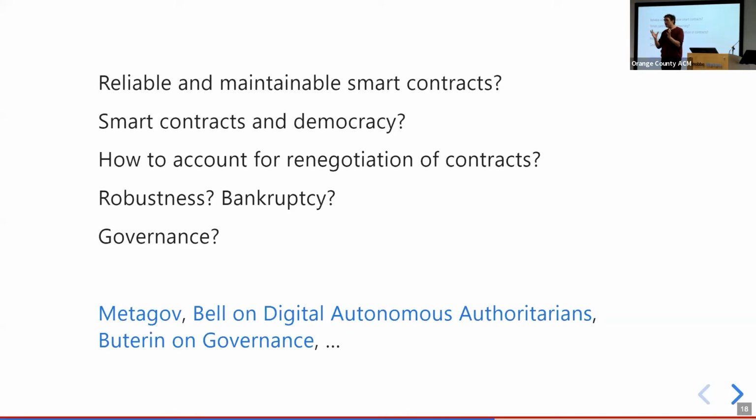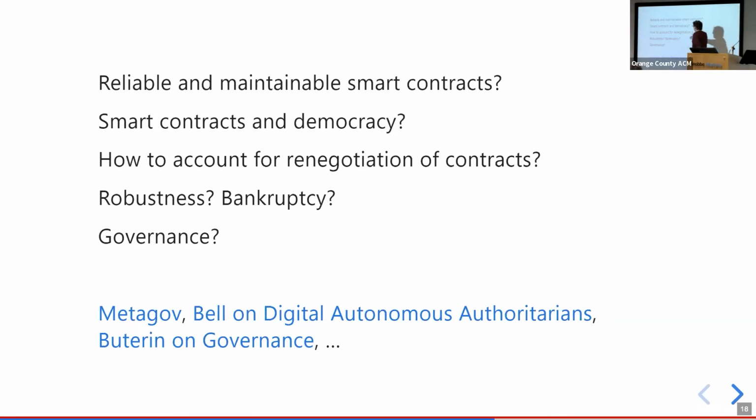But with a smart contract, there's no negotiation whatsoever. Some people think of this as an advantage of smart contracts, but is it really an advantage? Could we run a society just based on smart contracts that are not up to renegotiation?